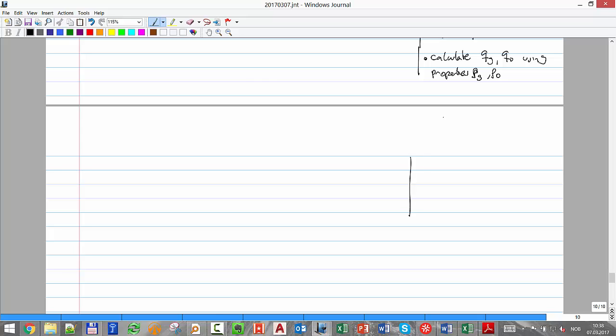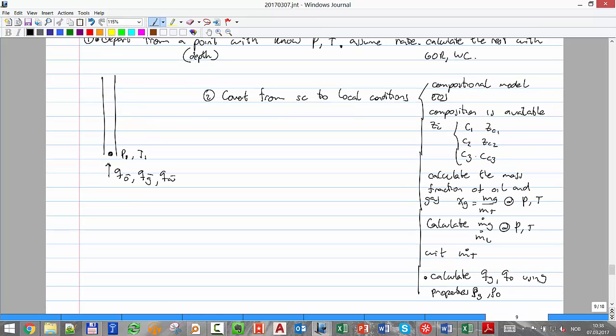After I have Q, I need the velocity. Then I finally end up with the velocity of the liquid and the velocity of the gas. Is that clear? So what do we need? Composition and an equation of state. That might be Peng-Robinson or Redlich-Kwong, Soave.